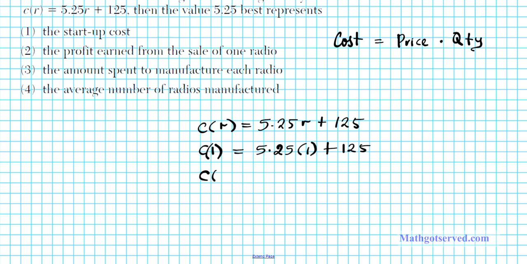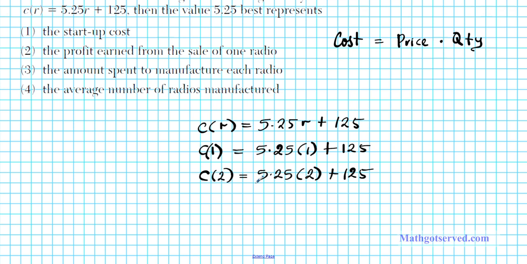The cost of 2 radios, 5.25 times 2. What are you multiplying the quantity by? 5.25 again. If you take a look at this formula, the quantity keeps changing, but what do you keep multiplying by the quantity over and over again? You keep multiplying this value right here.